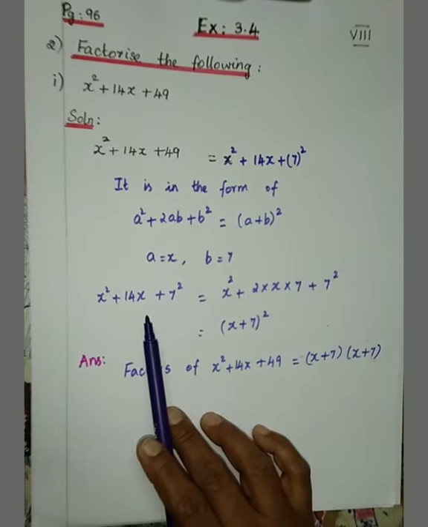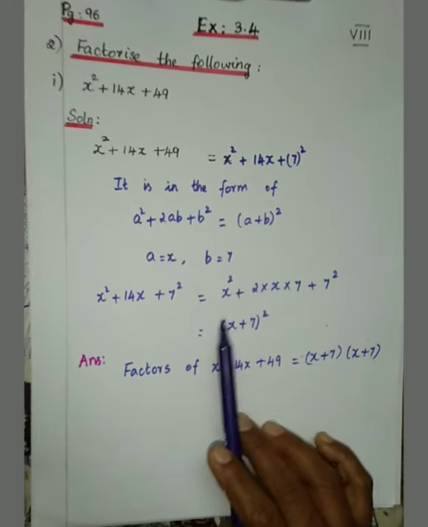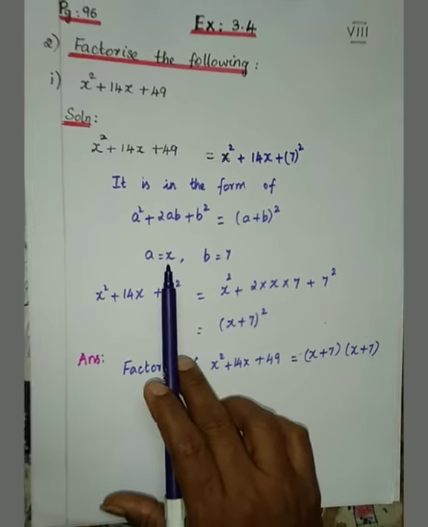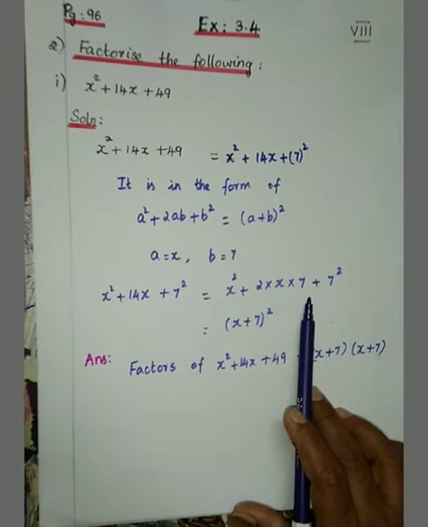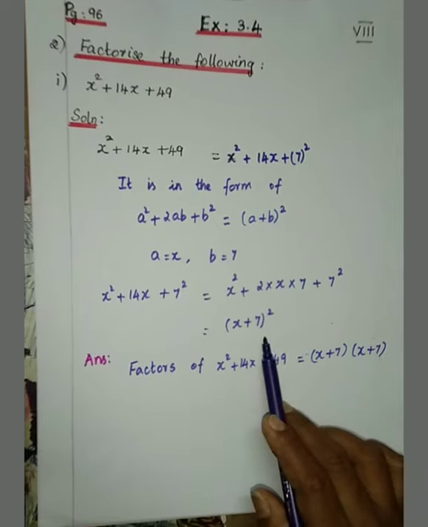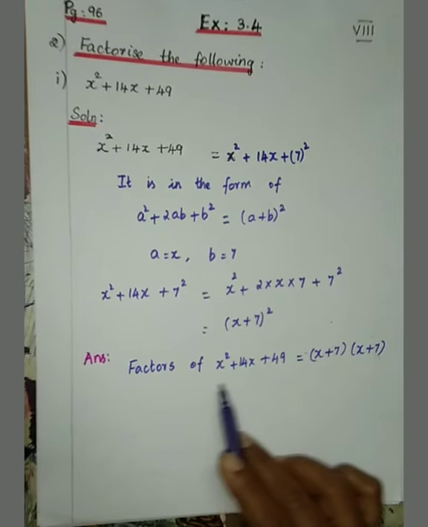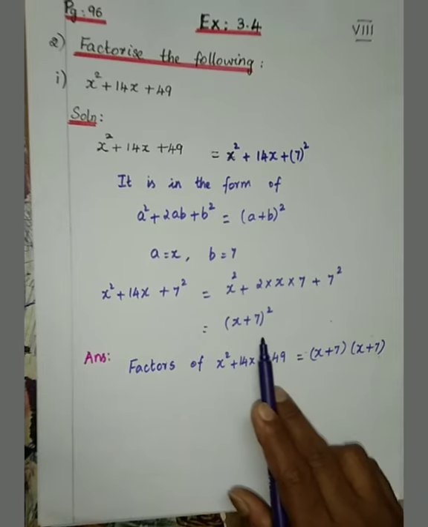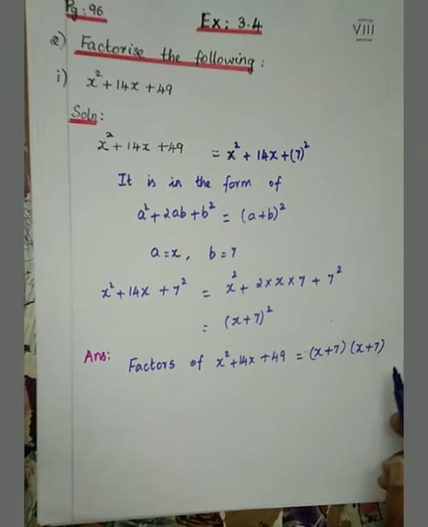So x square plus 14x plus 7 square equal to x square plus 2 into a into b, that is x into 7, plus 7 square. So directly we can write x plus 7 the whole square. Therefore factors of x square plus 14x plus 49 equal to x plus 7 into x plus 7.